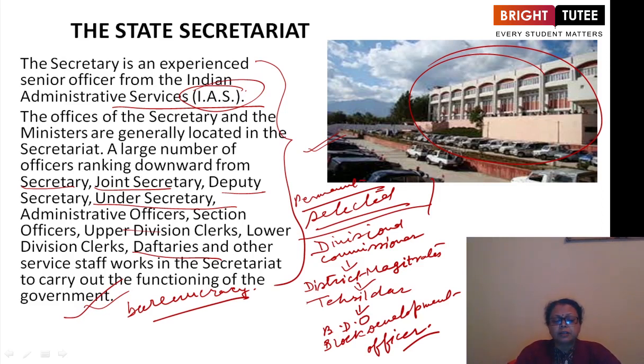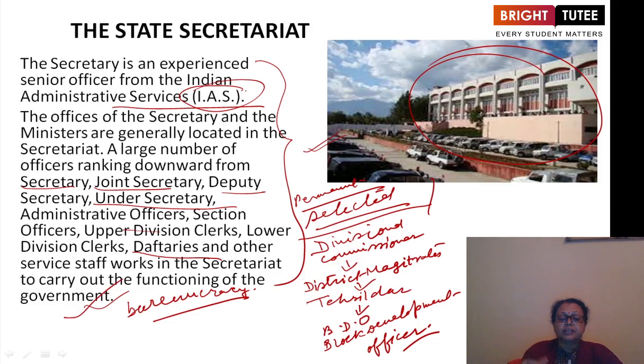Other than that, for the administrative units at the state level, the state is divided into different divisions, and these divisions are supervised by the divisional commissioners. Divisions are under the control of the divisional commissioners. Then these divisions are further divided into districts, and the district magistrate takes care of the districts.